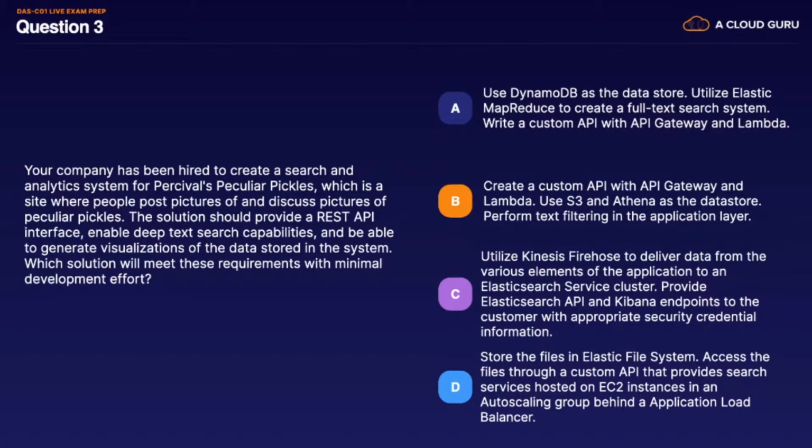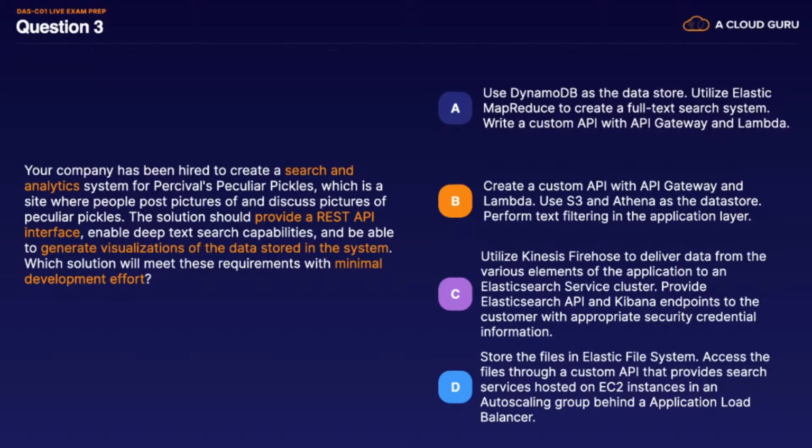Sure. When I look at this question right away, the kicker is really important in this one: minimal development effort. We need to generate visualizations of the data stored in the system. We need to provide a REST API interface. That also is a clue which is going to point you pretty much straight at the correct answer.